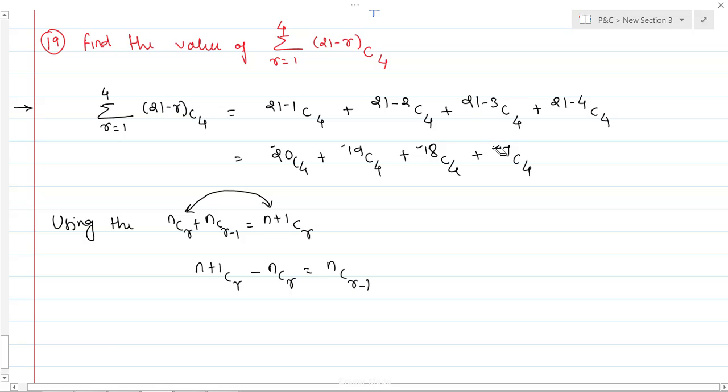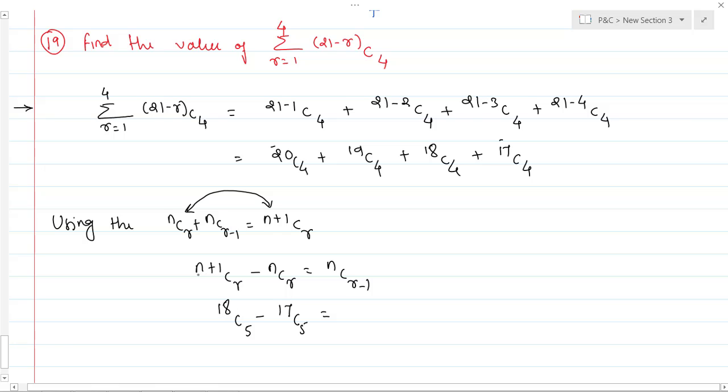Now to get these terms, I will have some arrangement here. If I want this part, I will write 18C5 minus 17C5, it is equal to what?